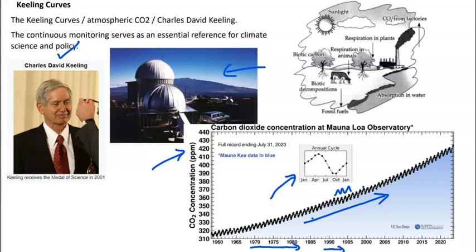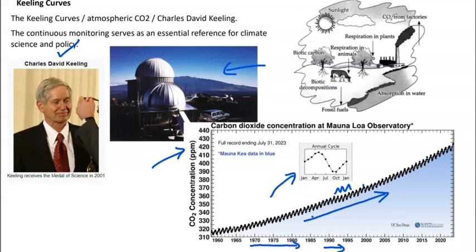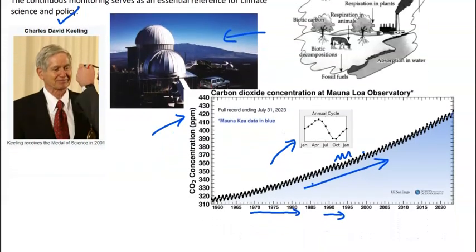Not that they're exceptional levels over billions of years, but in the terms of the existence of human beings, these carbon dioxide levels are particularly high and have been associated with aspects of climate change, which you will be hearing about in another video series. Charles David Keeling and the Keeling curve.